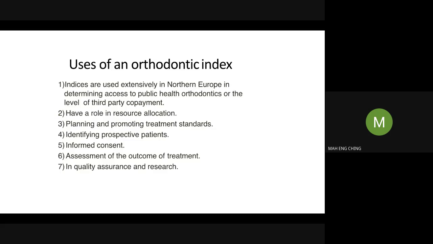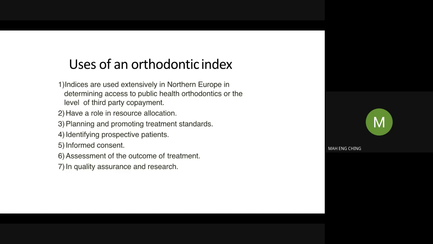So indices are used extensively in Northern Europe in determining access to public health orthodontics or the level of third-party payment. This is because we have limitations; there is quite a small number of orthodontists in Europe or Asia. So they have to come up with an index to filter all the patients who need treatment.